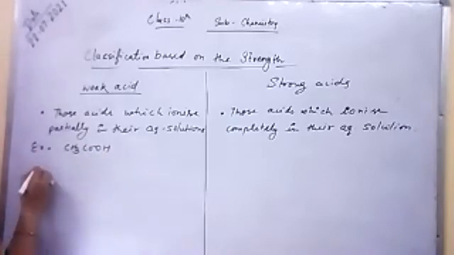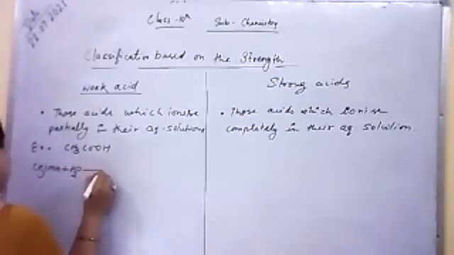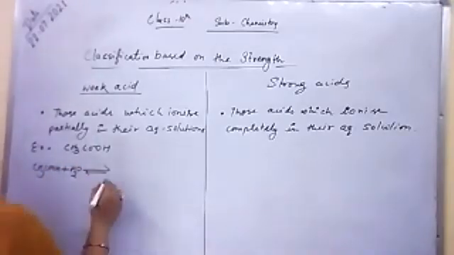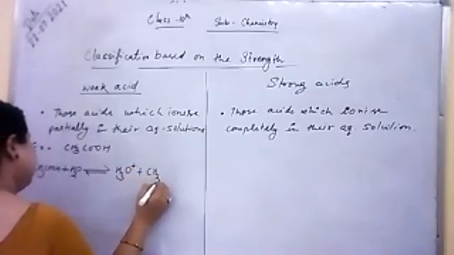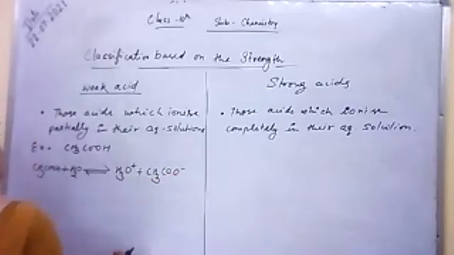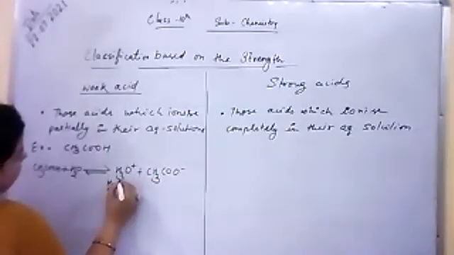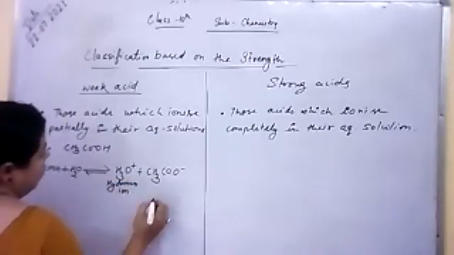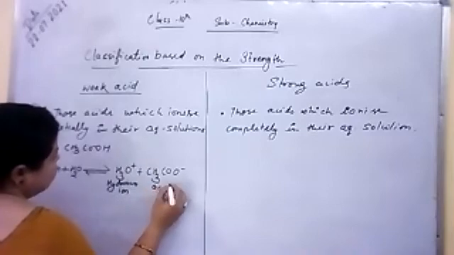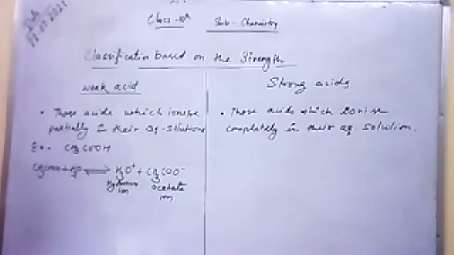CH3COOH. Whenever CH3COOH will ionize in presence of water, it will ionize into H3O+ plus CH3COO-. This is called hydronium ion and this is called acetate ion. Correct?